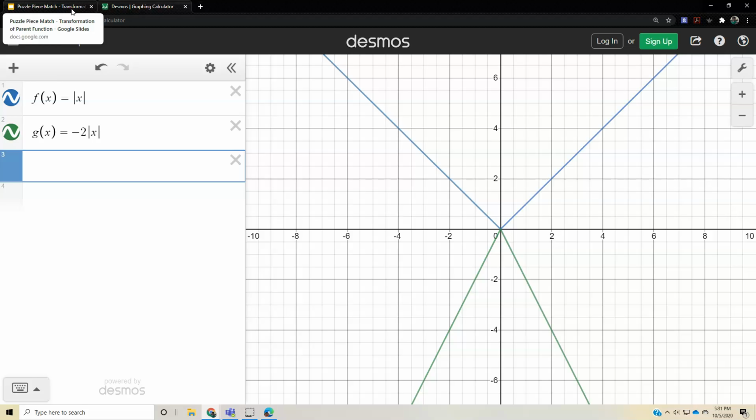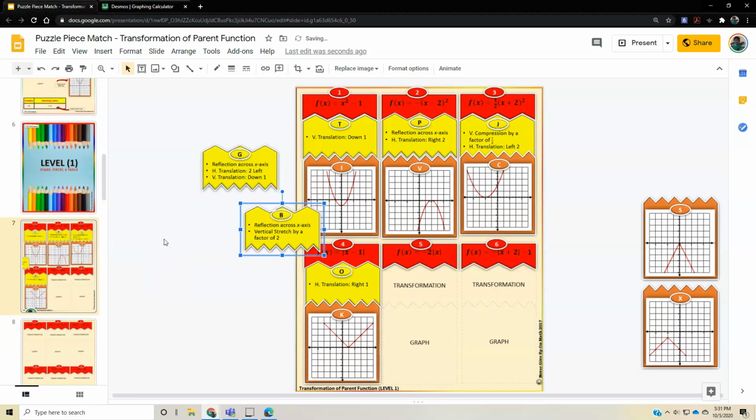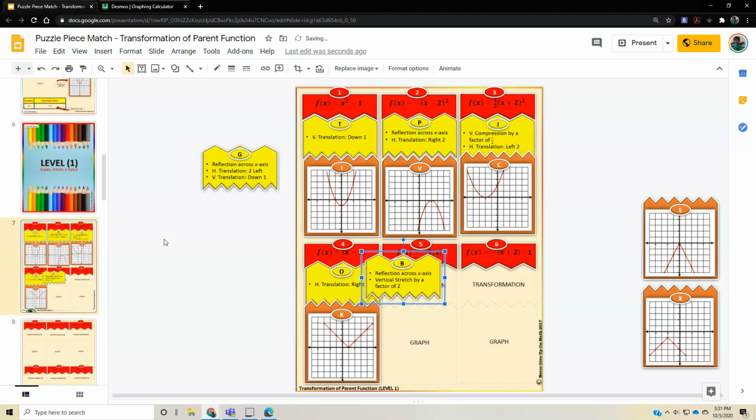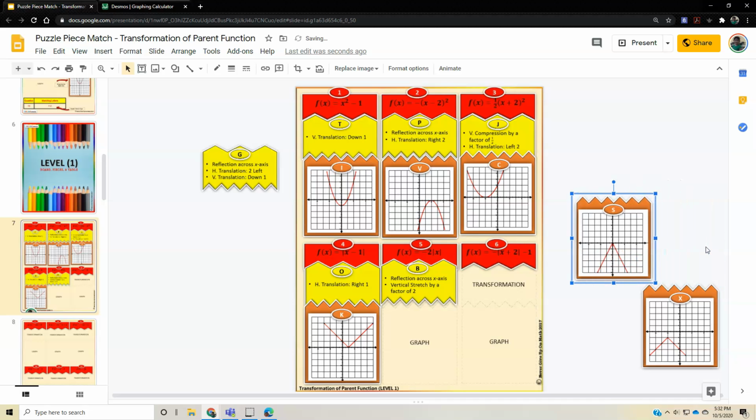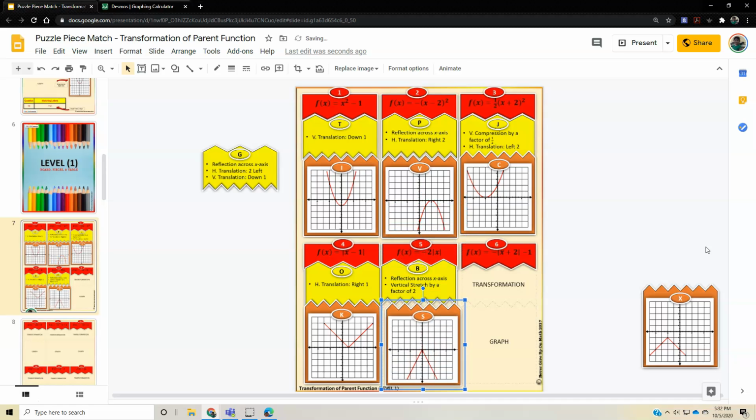So let's look at the puzzle piece. Vertical stretch of 2, and it's a reflection over the x. And then it's going to be this graph here, because that is a reflection over the x, and it is being stretched by a factor of 2.